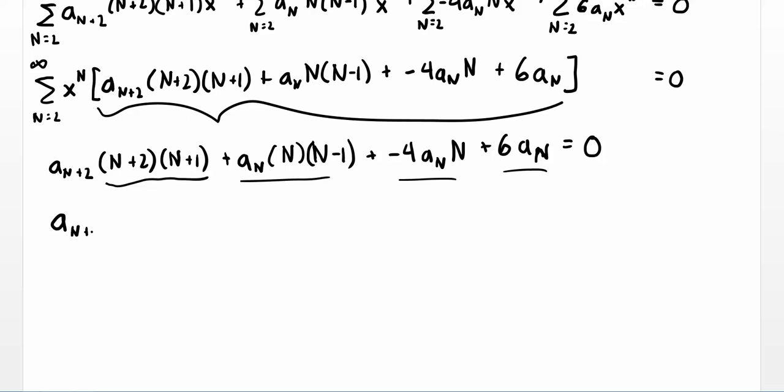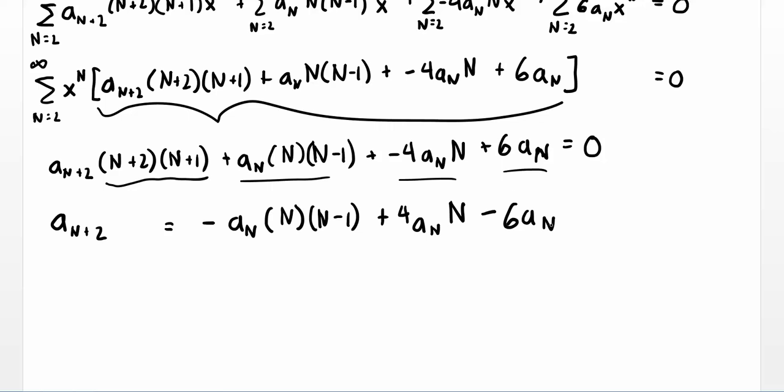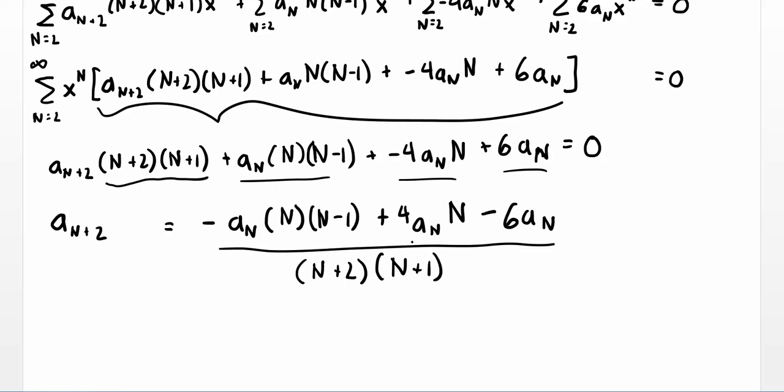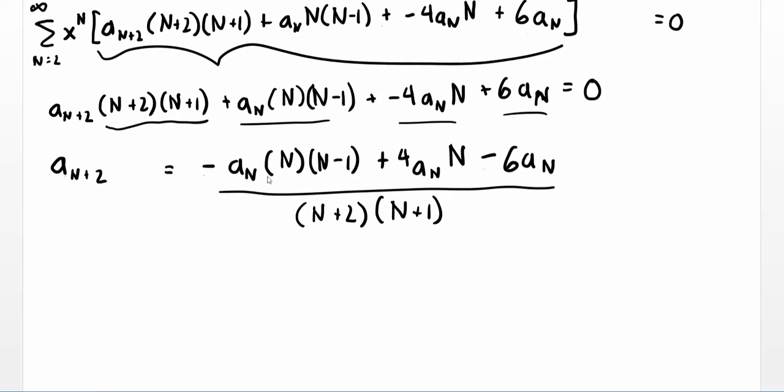So a sub n plus 2 equals negative a sub n minus 1 plus 4a sub n times n minus 6a sub n, all divided by n plus 2, n plus 1. And we'll clean this up.